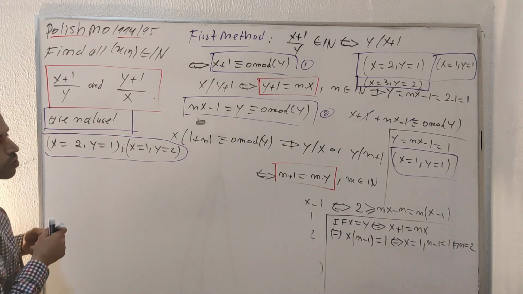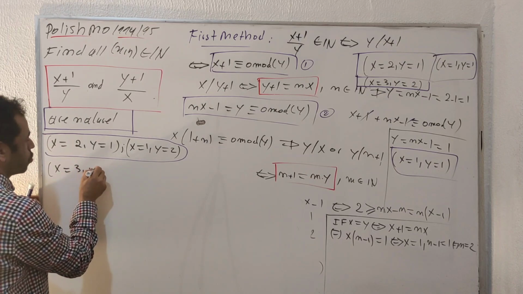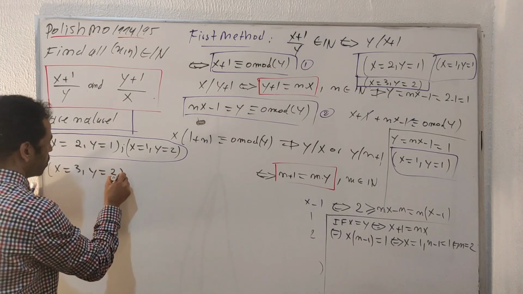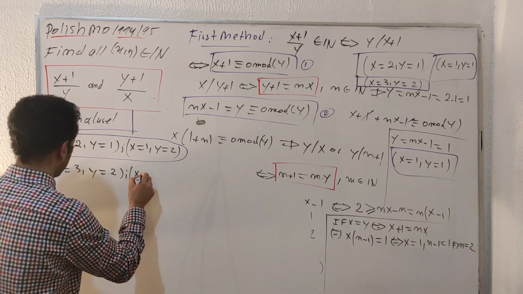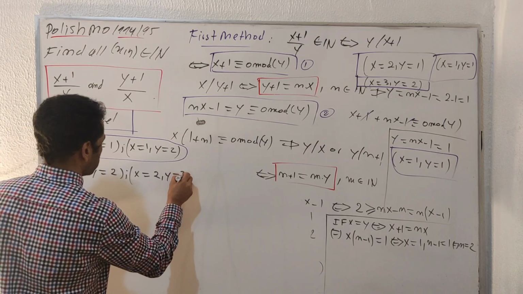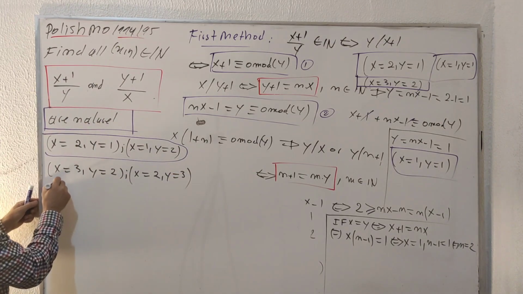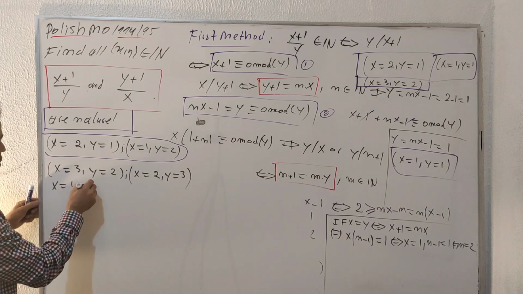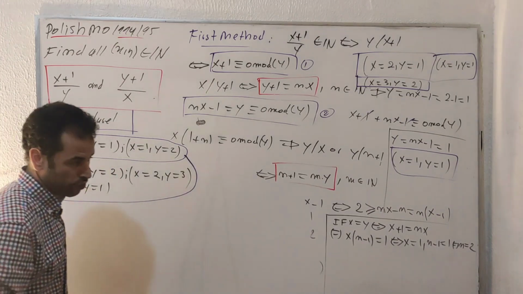The second pair of the solution, as we have x equals 3 and y equals 2, which means I will have another pair of the solution which is x equals 2 and y equals 3 by symmetry. The other one is clearly x equals 1 and y equals 1, which means I have 5 pairs of the solution for this one.